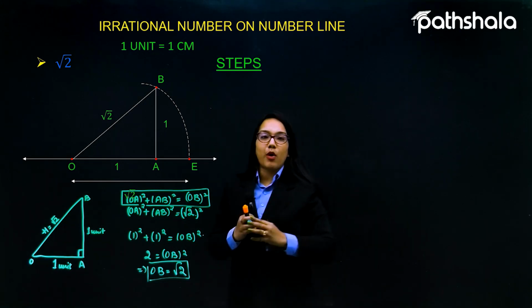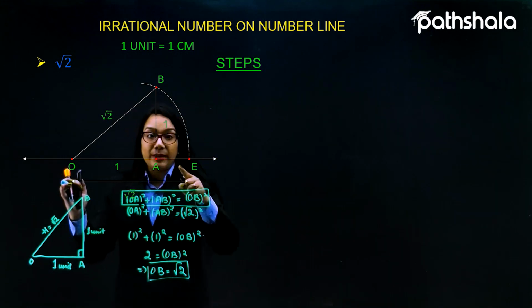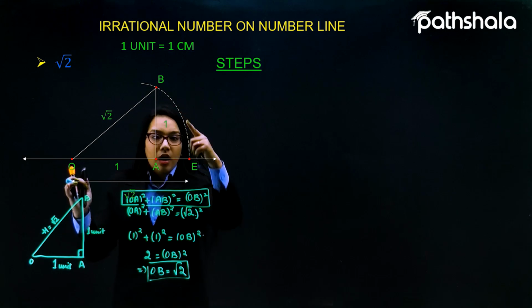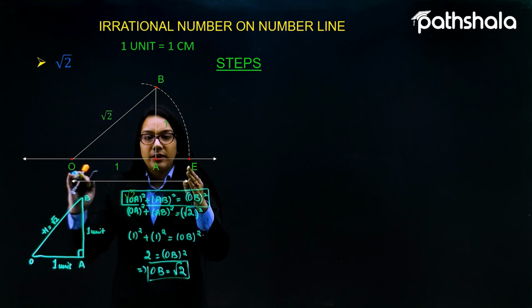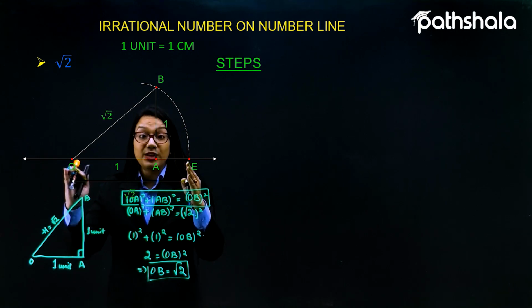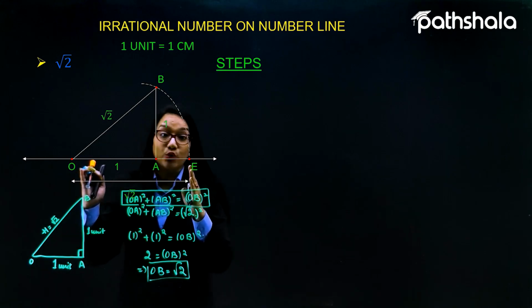Remember, wherever this arc cuts the number line, at this point, the distance from 0 to E is nothing but root 2.